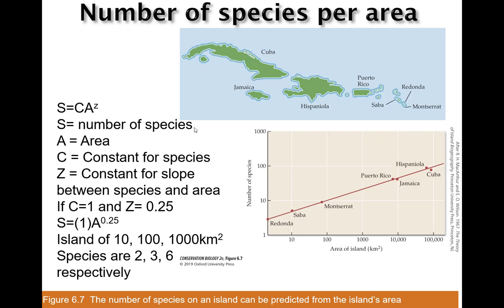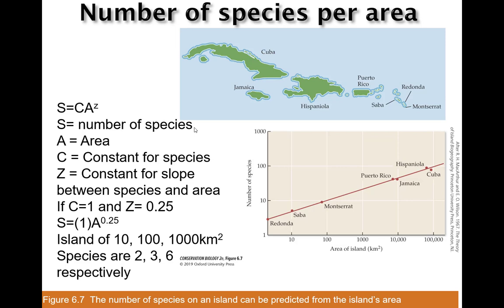Based on this equation, if we give a constant of 1 for C and 0.25 for z, then we throw in some island areas, 10, 100, and 1,000 kilometers squared, and we can have 2, 3, or 6 species respectively on those islands.